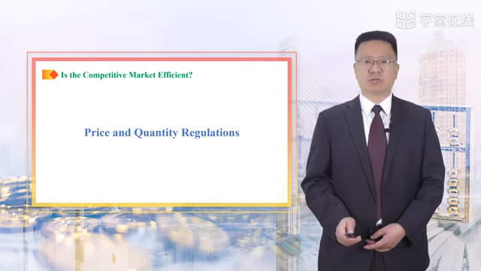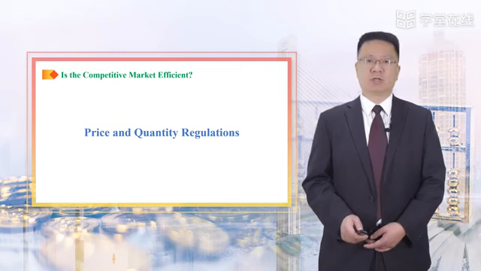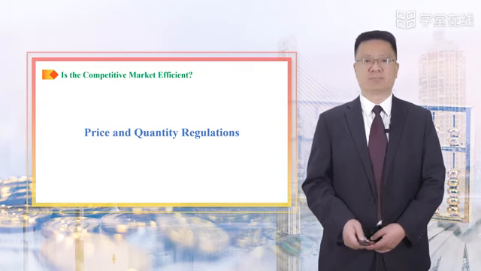Price regulations sometimes put a block on price adjustments and lead to underproduction. Quantity regulations that limit the amount that a farm is permitted to produce also lead to underproduction.